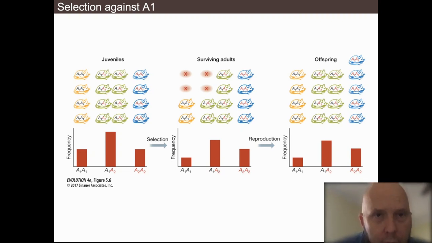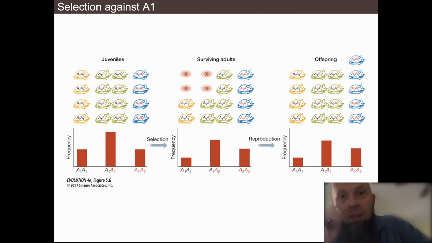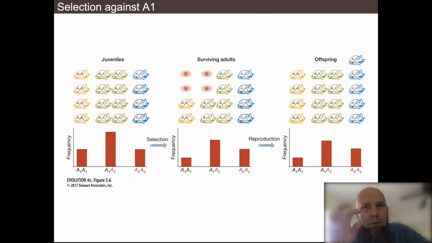So what we're going to see is that as these juveniles grow up, because selection is acting against A1, we're going to see half of those A1 homozygotes die and a quarter of those heterozygotes die. This has changed the frequency of the genotypes. Compare the bar graphs on the left and in the middle. Now, when these surviving adults are the only ones that produce offspring, you'll realize that in the surviving adults, there are proportionately more A2 alleles than there were when this population consisted of all the juveniles.